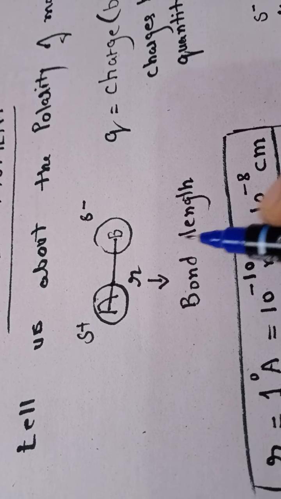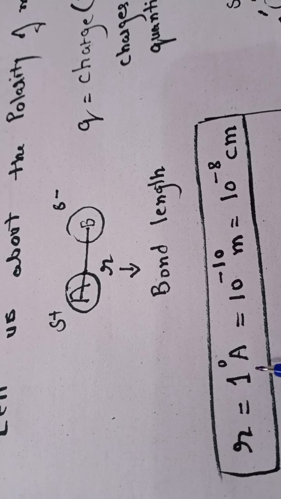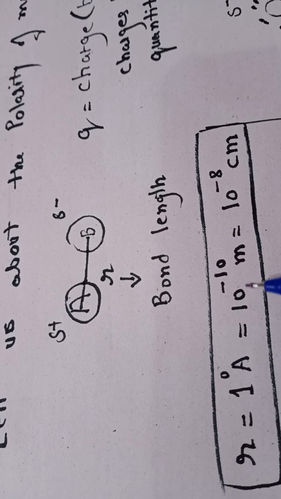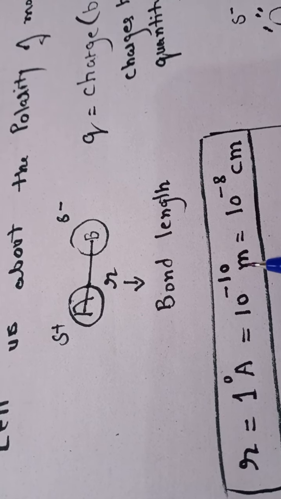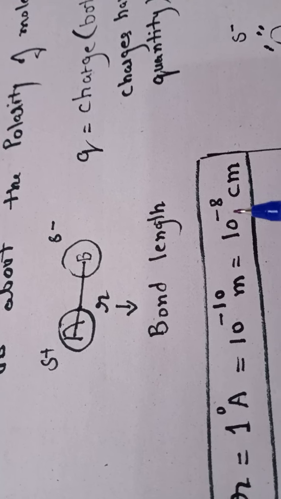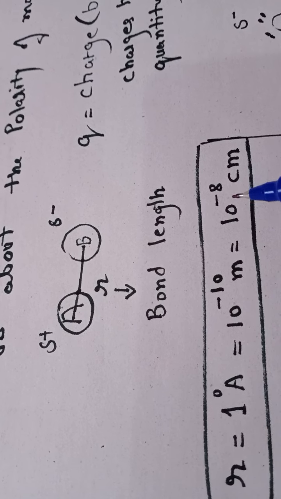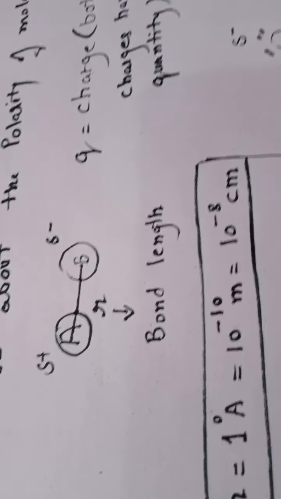Suppose the bond length is equal to 1 angstrom. 1 angstrom is equal to 10 raised to power minus 10 meter, and also equal to 10 raised to power minus 8 centimeter, right?